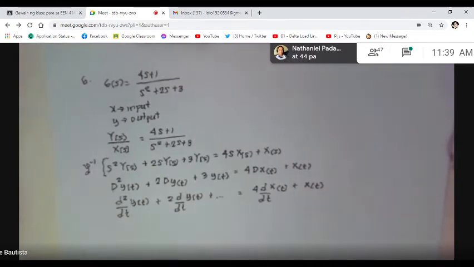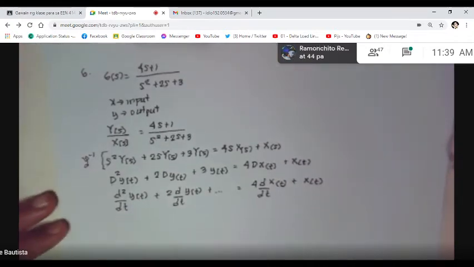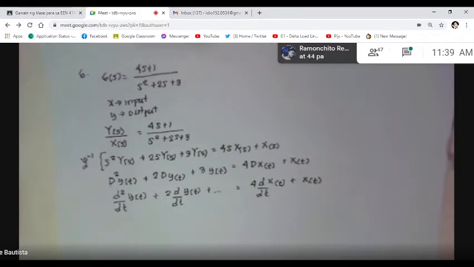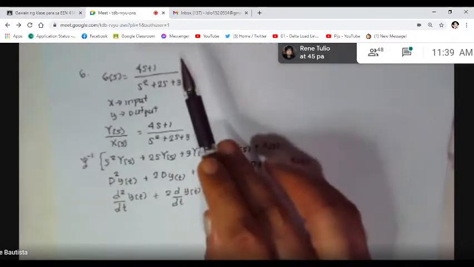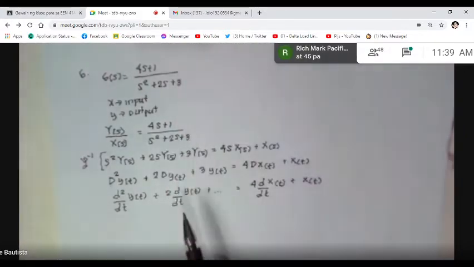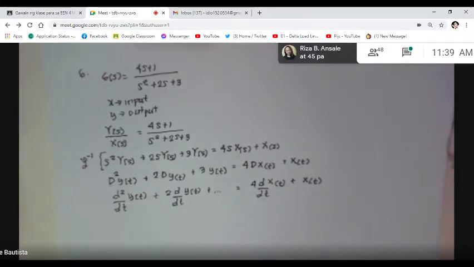Okay? So that's number 6. Yung number 5 kasi, differential equation converted sa transfer function. Tapos itong number 6, transfer function converted to differential equation. So, vice versa lang, no?